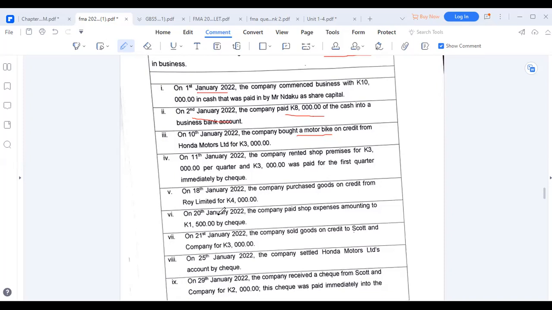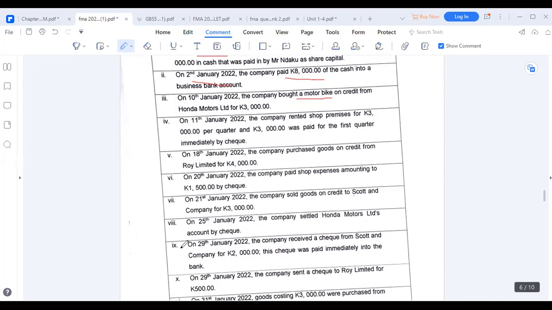Then on 21st January, the company sold goods on credit to Scott amounting to 3,000. Then on 25th January, the company settled the Honda Motors Limited account by check. On 29th January, the company received a check from Scott for 2,000. This check was paid immediately into the bank.